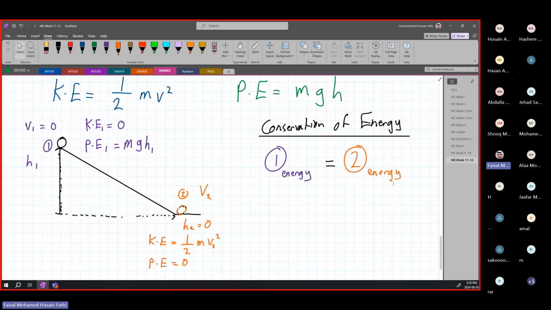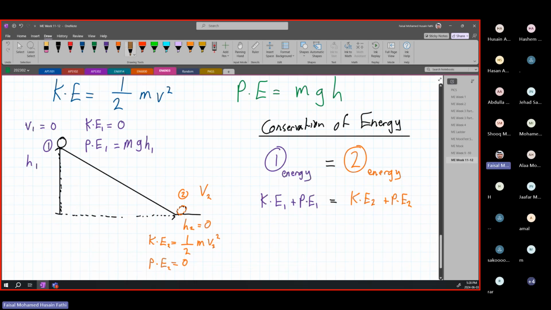The energy had to be carried with this ball from this point to this point in some form or another. Okay? So if we look at it this way, our total energy at point 1, KE1 plus PE1, which is our kinetic and potential energies, is equal to our KE2 plus our PE2. All right?